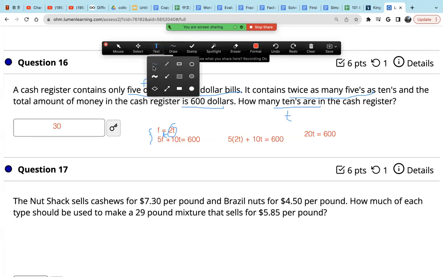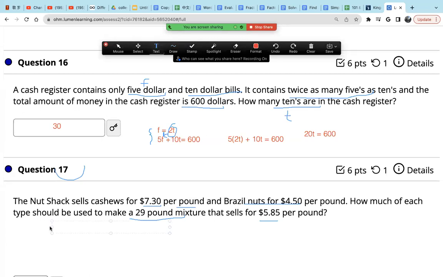Let's see, last question, 17. The nut shop sells cashews for $7.30 per pound, and Brazil nuts for $4.50 per pound. So how much of each type should be used to make a 29-pound mixture that sells for $5.85 per pound? All right, so what is the total money?